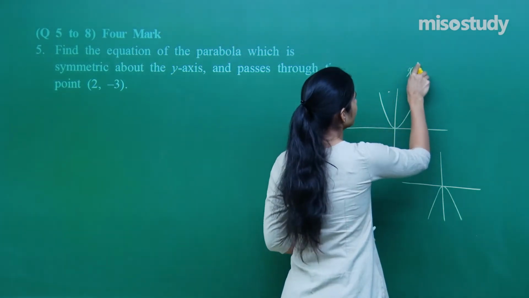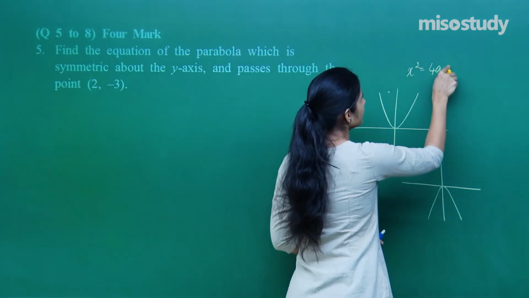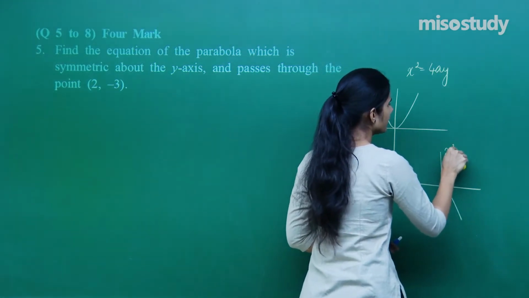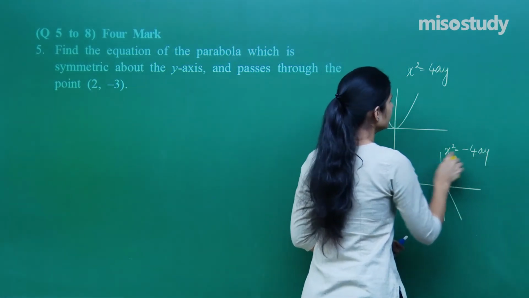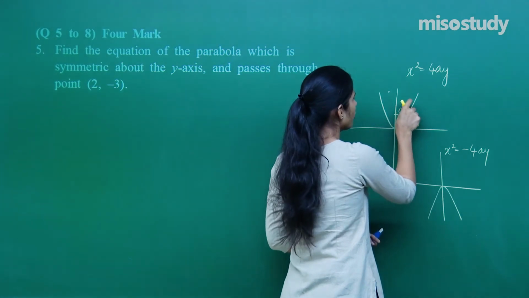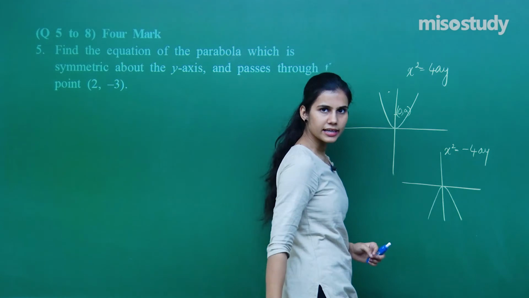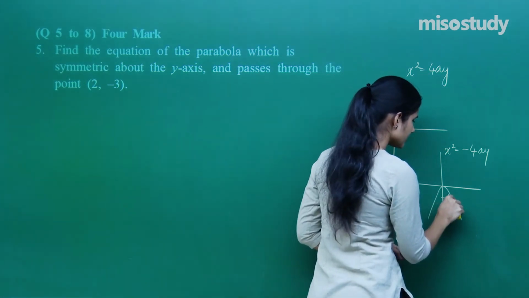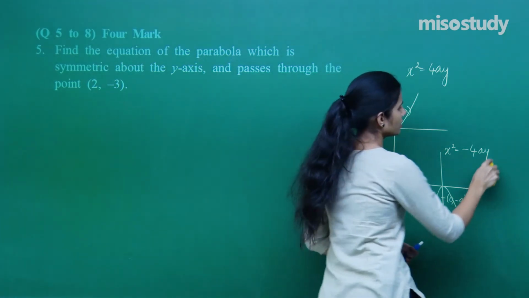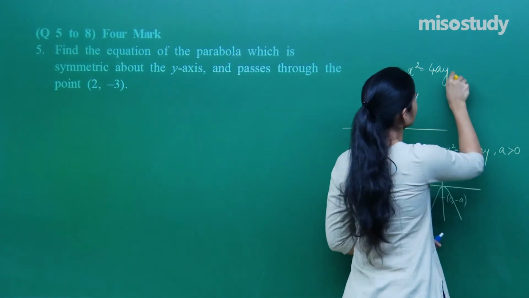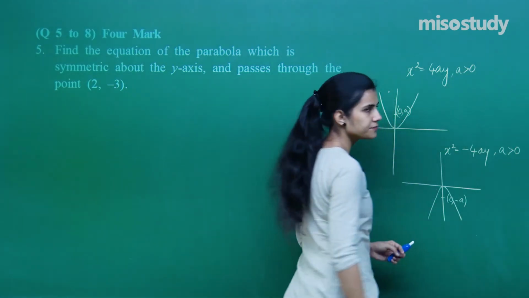This has equation x square equals 4ay. This has equation x square equals minus 4ay. A is positive, 0, A is my focus in this case, and in this case 0, minus A is my focus. A is positive.